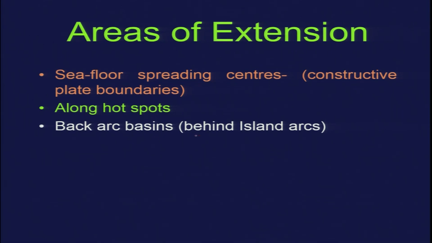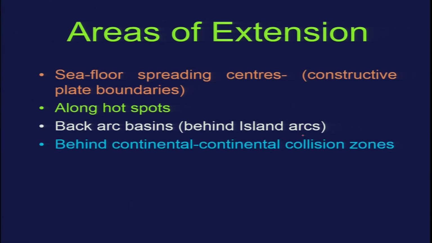Then back arc basins behind the island arcs. Then you have extension behind continental collision. For this, you can refer to the collision zone, that is Himalaya, and the extension is taking place behind the Himalaya, north of Himalaya. On the Tibetan side we see the extension.